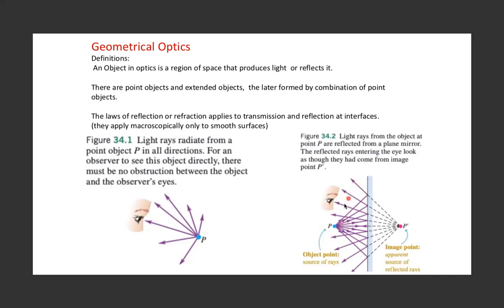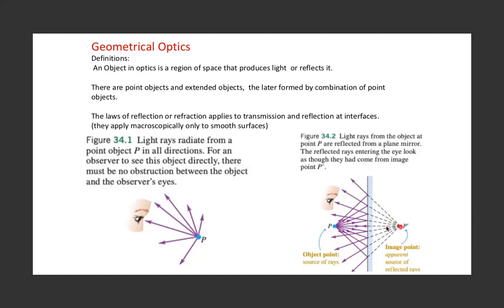But you're not seeing them directly. You're seeing them as they come from the reflection of a mirror. And look what happens. It looks like all the rays that you are actually seeing are being produced at a point behind the mirror.